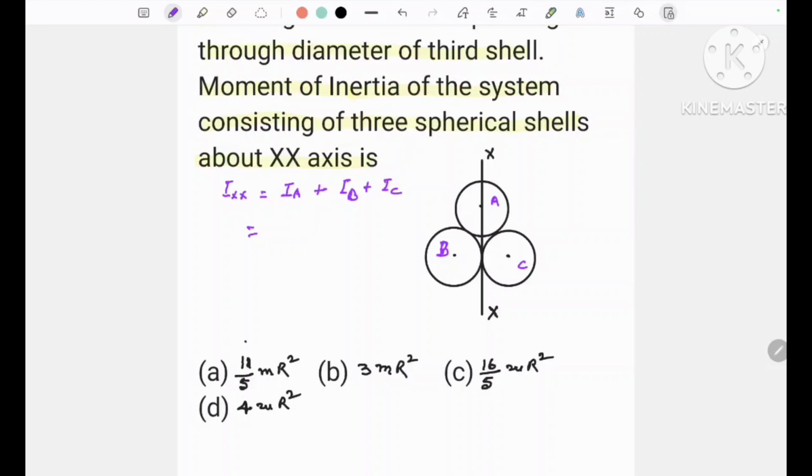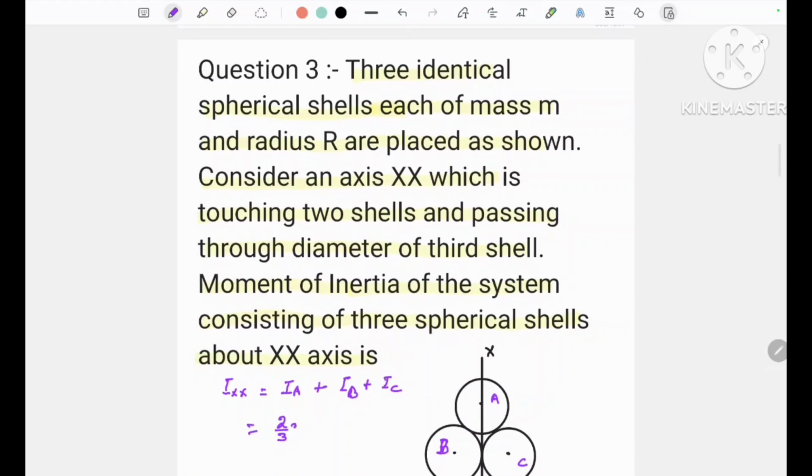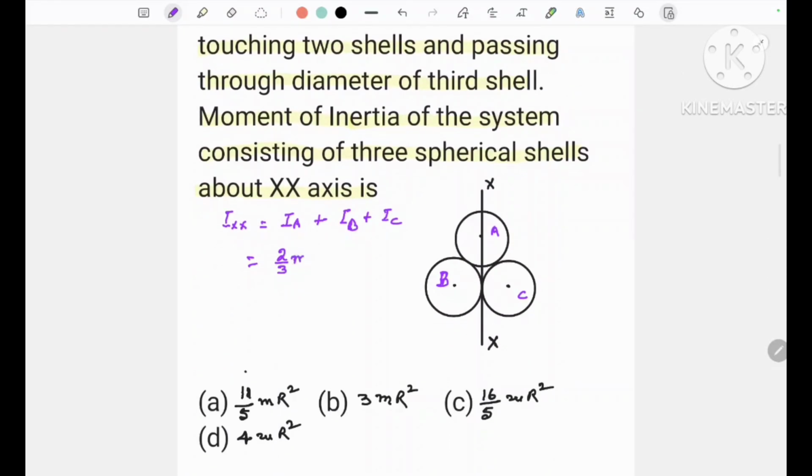Ia will be 2 by 3 m r square, and this distance from x-axis is d is equal to r. B will be 2 by 3 m r square plus m d square, and C will be 2 by 3 m r square plus m d square.